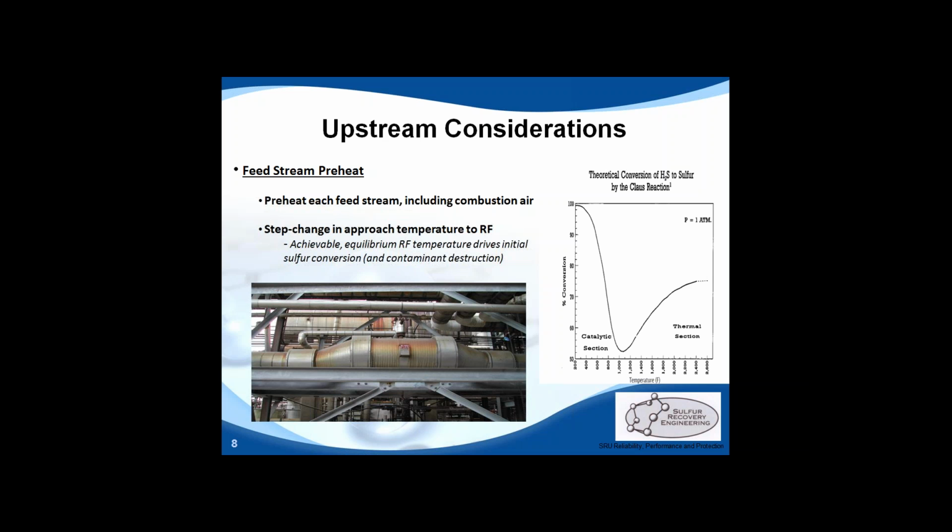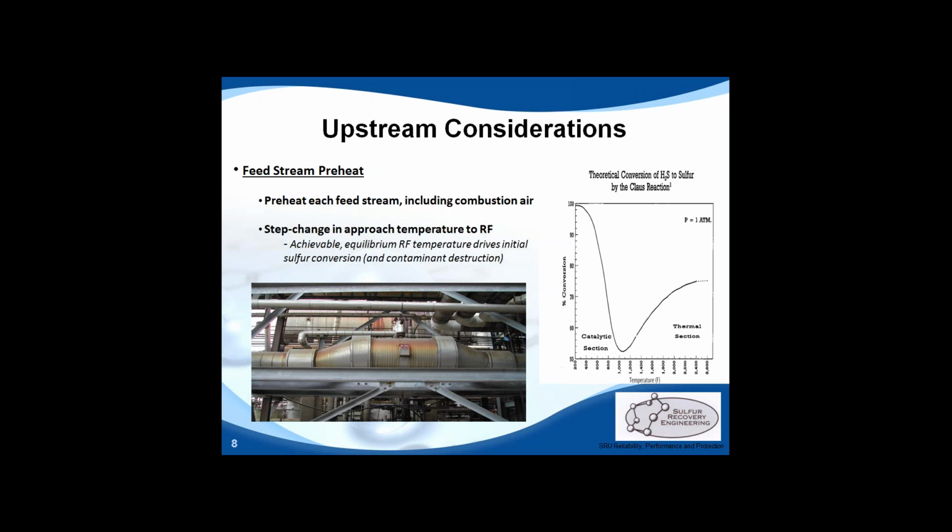Achievable equilibrium temperatures drive initial sulfur conversion and contaminant destruction. I did mention earlier some of the contaminants present in our acid gas streams, like the BTEX components. Field testing has shown that there are specific temperatures that we would like to achieve to best promote the complete destruction of some of these components like the BTEX.